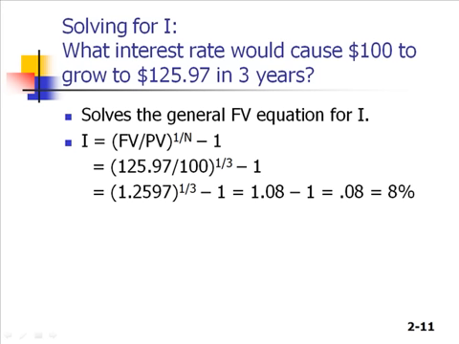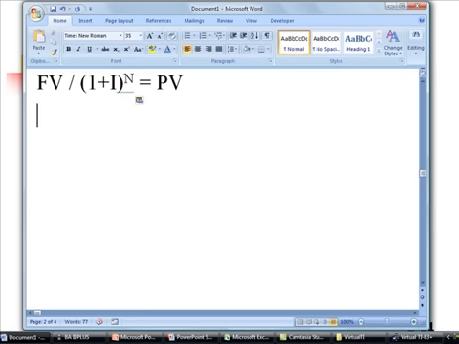In this case, we know the present value, we know the future value, and we know the value of n, that's 3 years. We don't know what the interest rate would have to be in order to make that happen. Let's see how we might go about that.